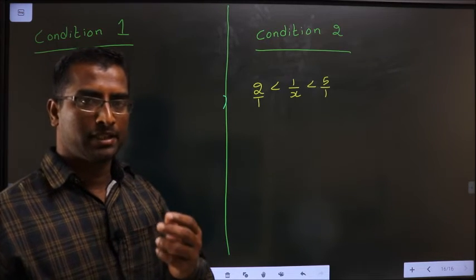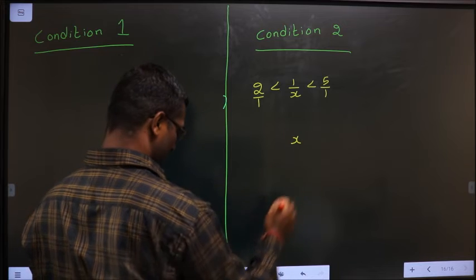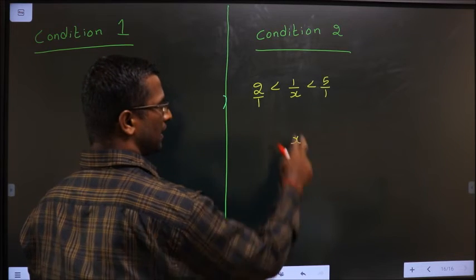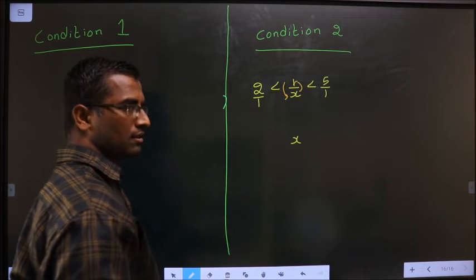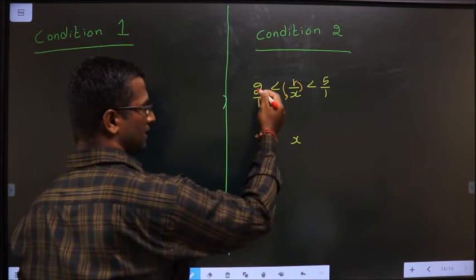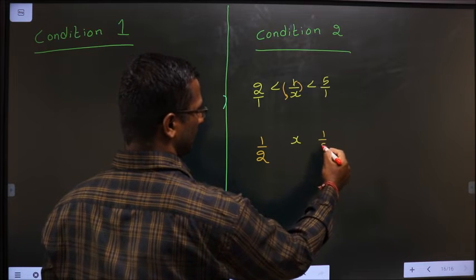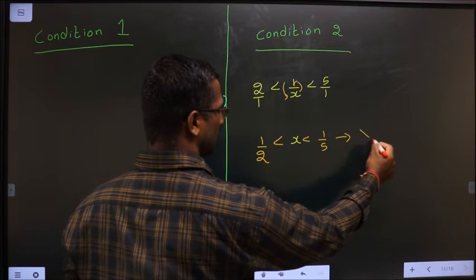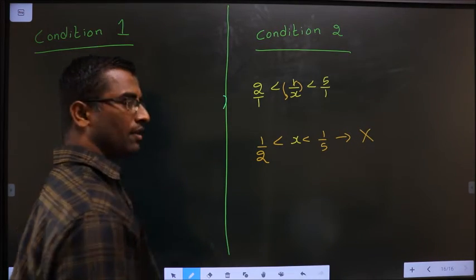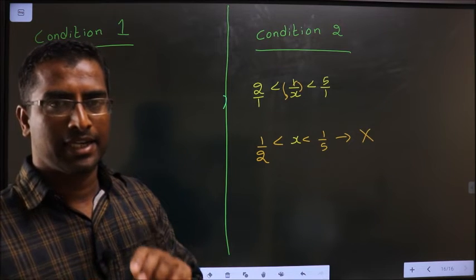Now example 3. Here 1 by x, to get x, I should do the reciprocal. Clear? See here. So here 2 by 1 will become 1 by 2 and here 1 by 5. If I do not change the inequality, this will be considered wrong. Whenever you are doing reciprocal, you should change the inequality direction.